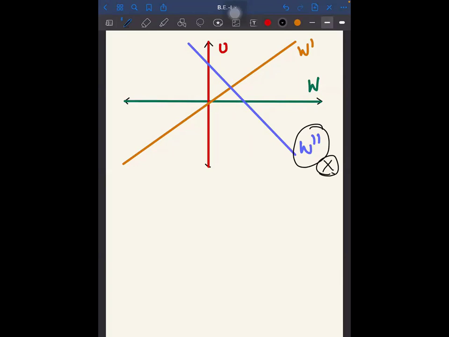Right? So can you see anything common between W, U and W dash? Passing through origin. Yes, they all are passing through origin, right? So actually, all the proper subspaces, I would say, why is it proper? Because there are two trivial subspaces. If you take (0, 0) the identity element, or if you take R2 complete, then they are subspaces. We know that, right? That's what we have done in the definition of the subspaces.